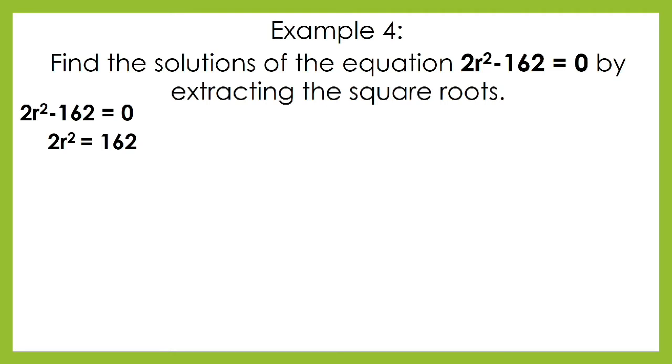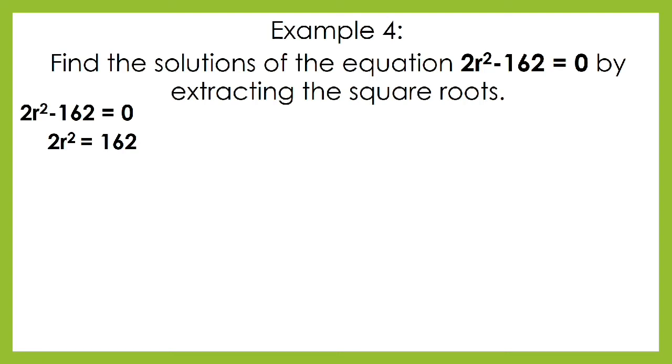We will add 162 to both sides of the equation, or we will transpose negative 162 to the right side. So, negative 162, ang opposite niya ay positive 162. So, that is the shortcut way.